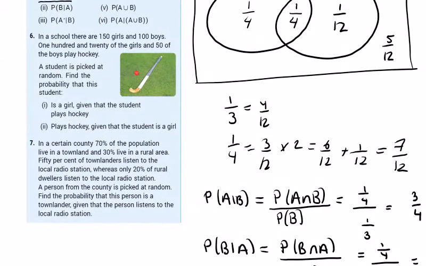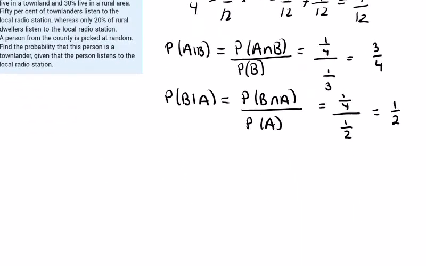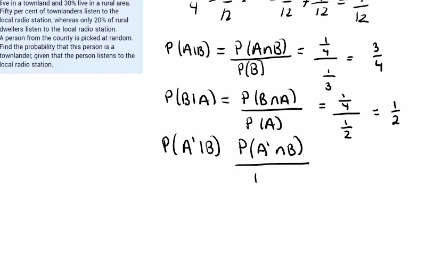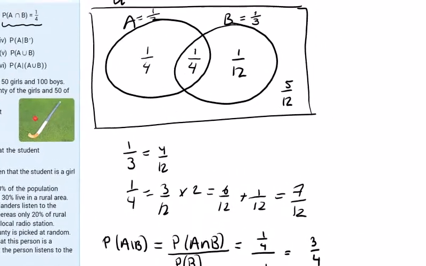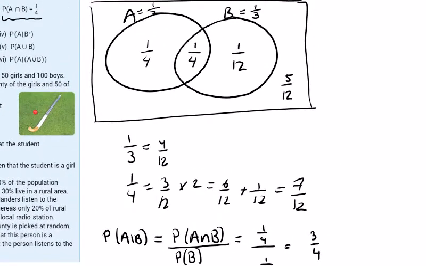Question 3, A complement given B. So write it out exactly the same way, don't get confused. A complement given B is equal to the probability of A complement intersection B, where do they cross, divided by the probability of the second, which is the probability of B. So we look at the diagram, A complement intersection B. Where does everything outside of A cross over with B?